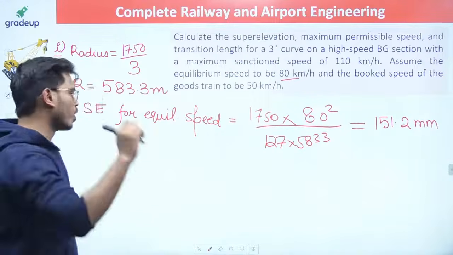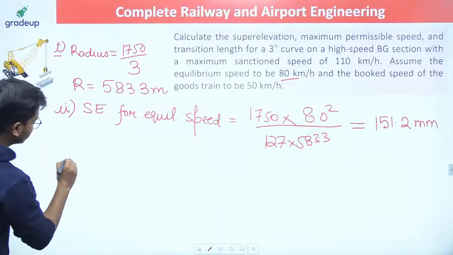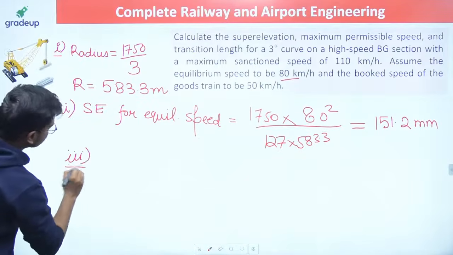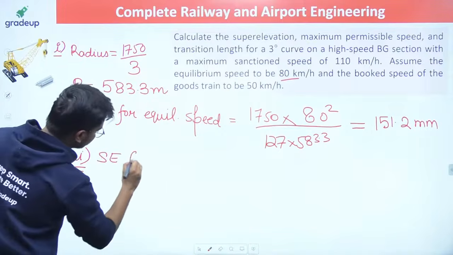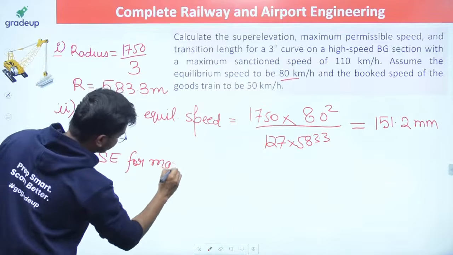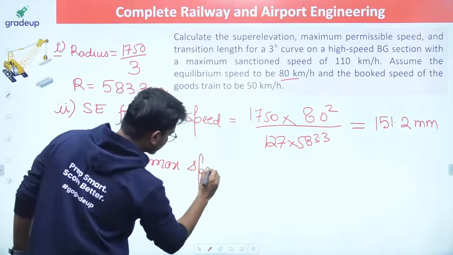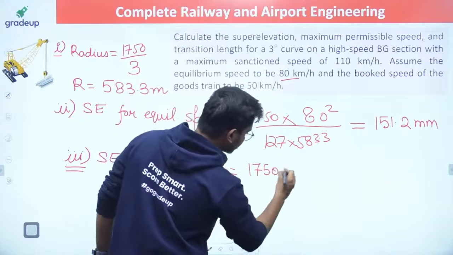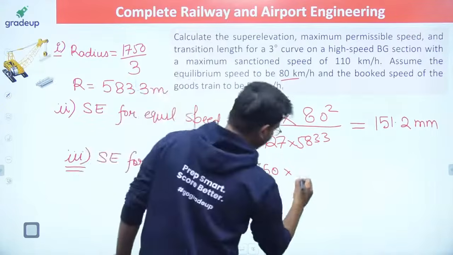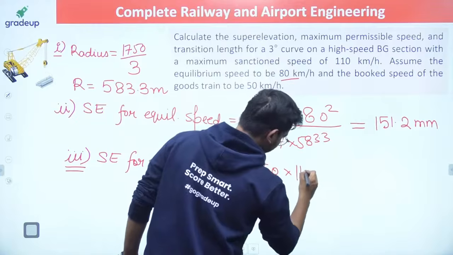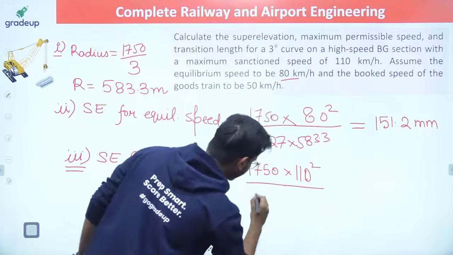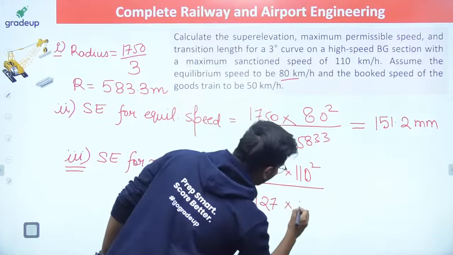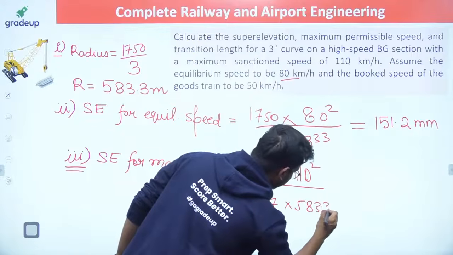Now get me the value of super elevation for sanctioned speed by the chief engineer, the maximum speed. Everybody will give me in the comment box. It is 1750, velocity is 110 square, divided by 127 into 583.3.